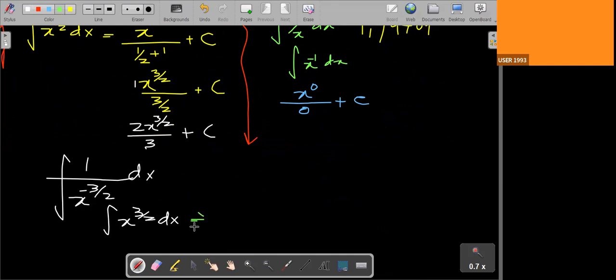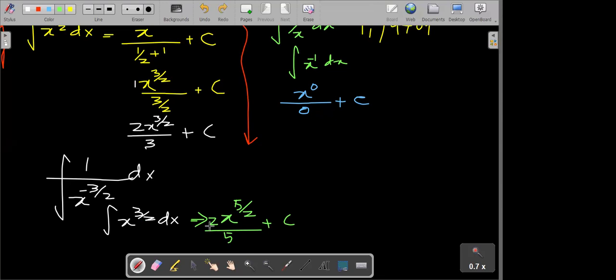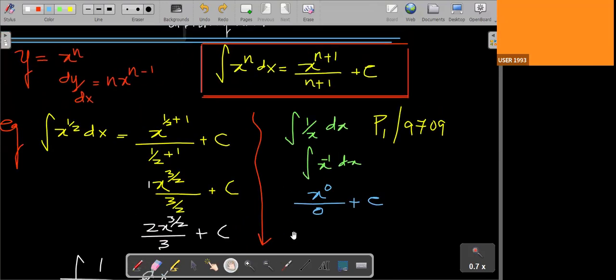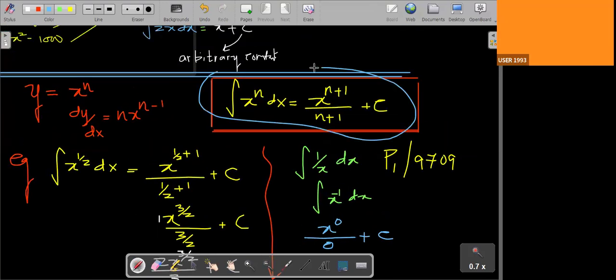And then apply the rule: x to the power 5 over 2, because 3 over 2 plus 1 is 5 over 2. 5 over 2 divided by 5 over 2, I just bring the 2 up straight away and wrote the straight answer. Is it okay? So this is the main rule we use to integrate.